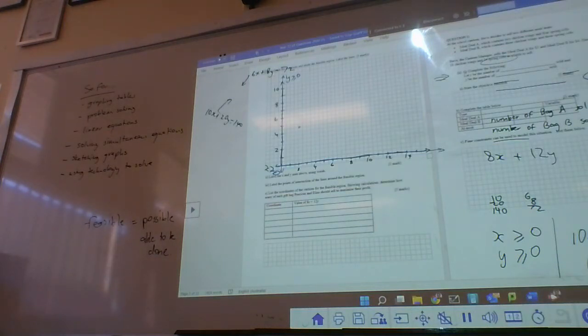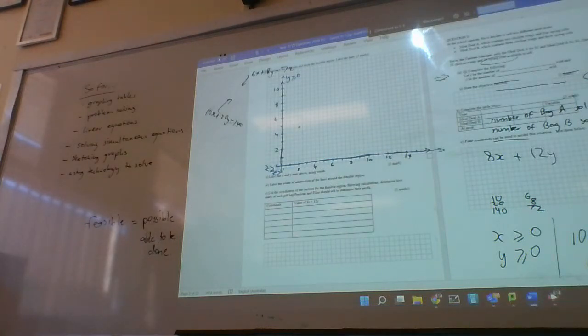That's in general form. The simplest way of graphing a graph that's in general form is to find the intercepts. So the x-intercept for this one, remember you cover up the y, 10x equals 140. You divide both sides by 10, x equals 14.